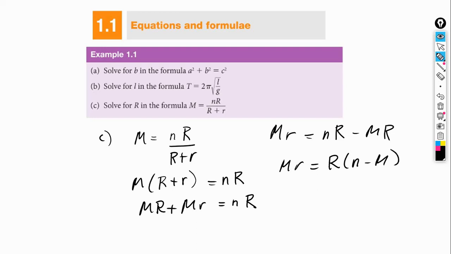And then finally, we can just say, well, R is equal to m times small r over n minus m.